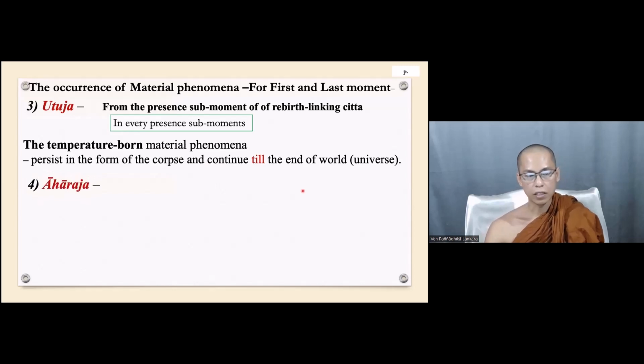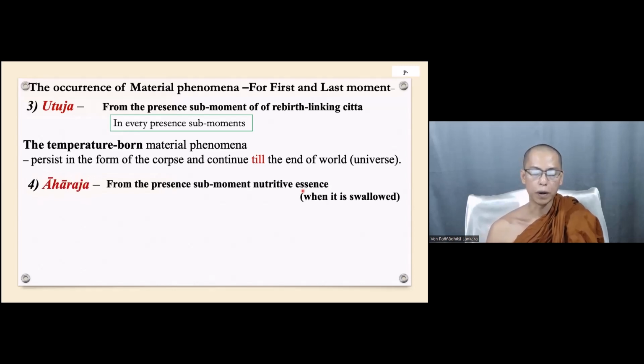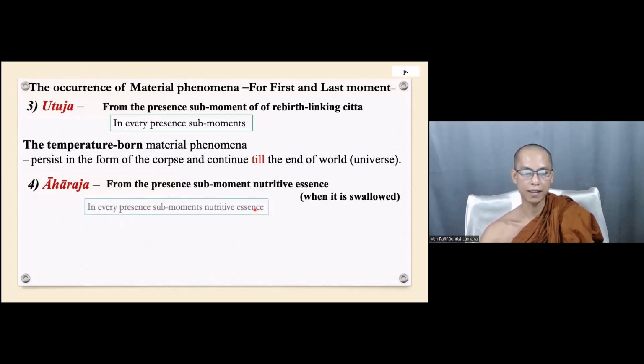And the last type is Ahara-ja rupa, or Ahara-ja cluster, produced by the nutritive essence. The starting point is the present moment of nutritive essence when it is swallowed. The outside nutritive essence, when it goes into the body of the living being, starts to produce the materiality produced by nutritive essence.